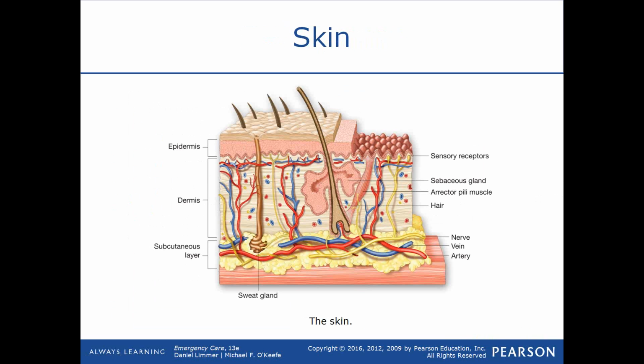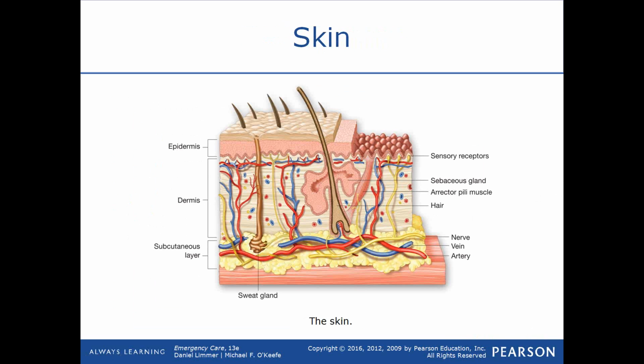So here's a diagram of the skin, and you can see you've got the epidermis, the dermis, and the subcutaneous layer where all those things do lie. The nerve, the veins, the arteries. Within the dermis are the sebaceous glands.